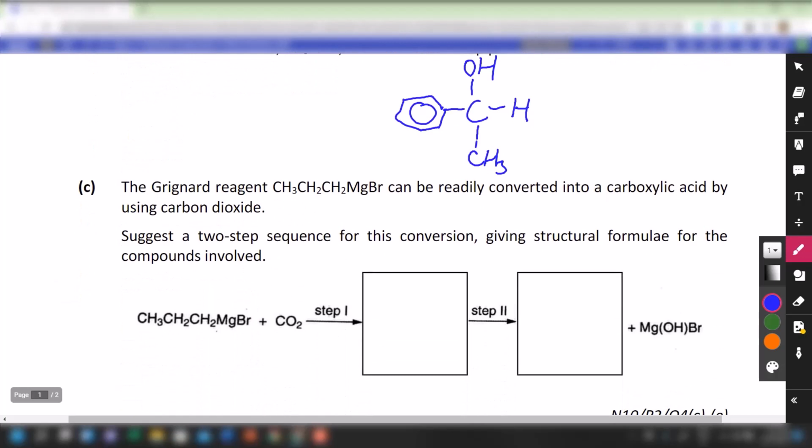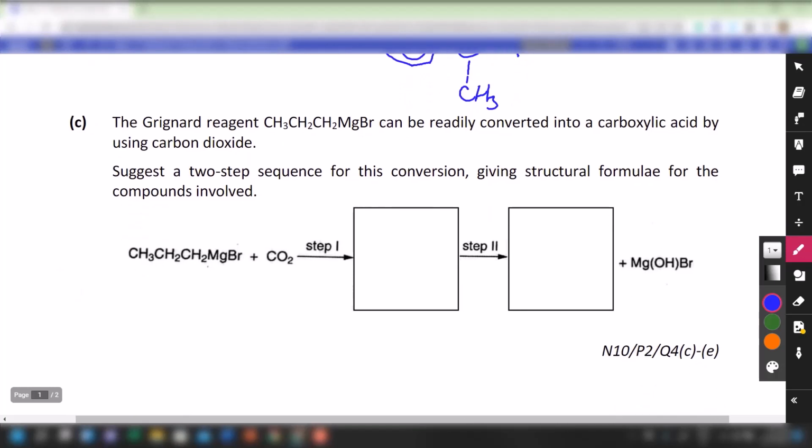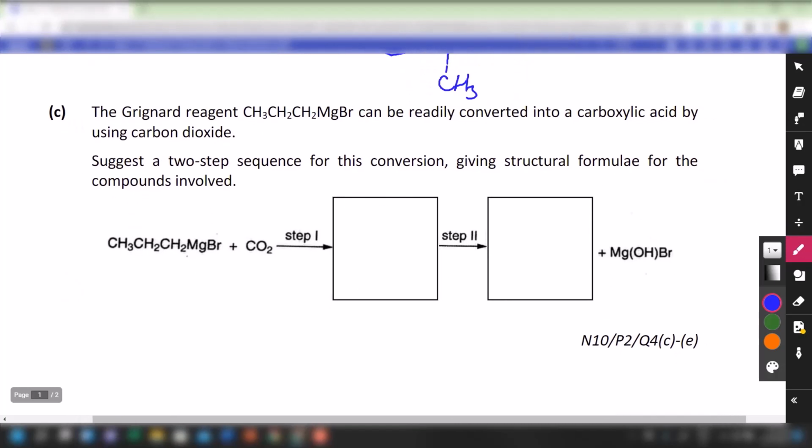Okay, then next we are going to look at part C. The Grignard reagent, propyl magnesium bromide, can be easily converted into a carboxylic acid by using carbon dioxide. So this is the nucleophilic site. We have a nucleophile over here, and we are to suggest a two-step sequence for this particular conversion, giving the structural formulae of the compounds involved.